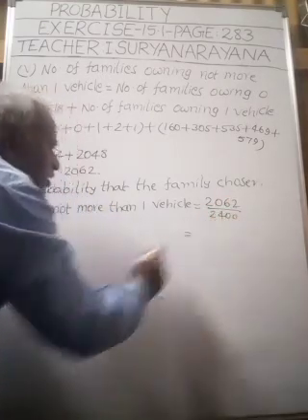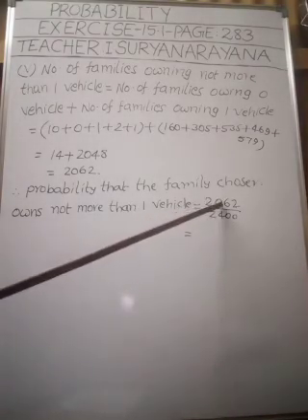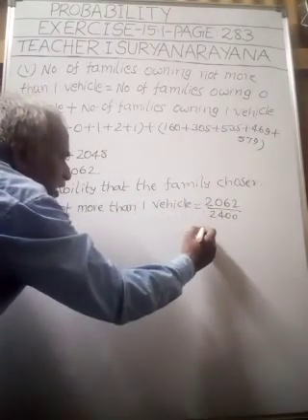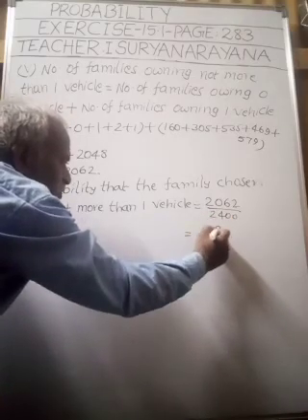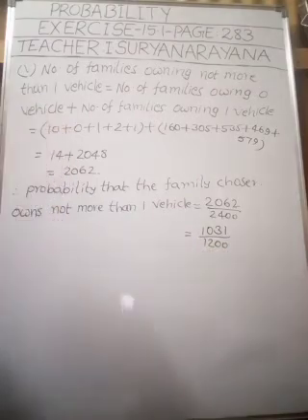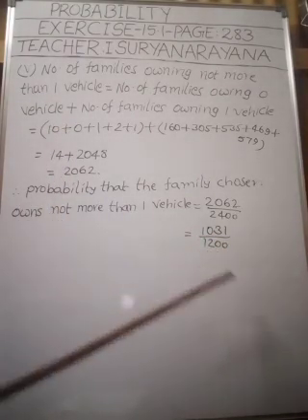Okay, my children, let us divide the numerator and the denominator by 2. Then what do you get? 2 1031 times, 2 1200 times, which is the required probability, 1031 by 1200.